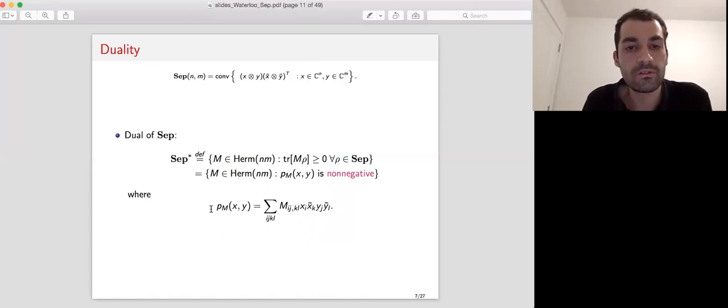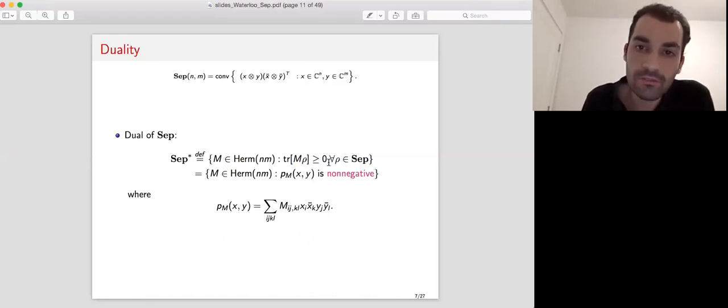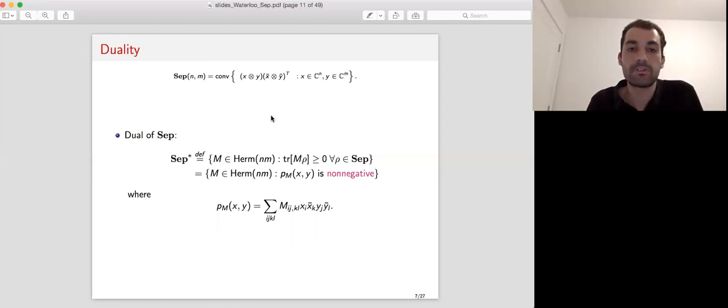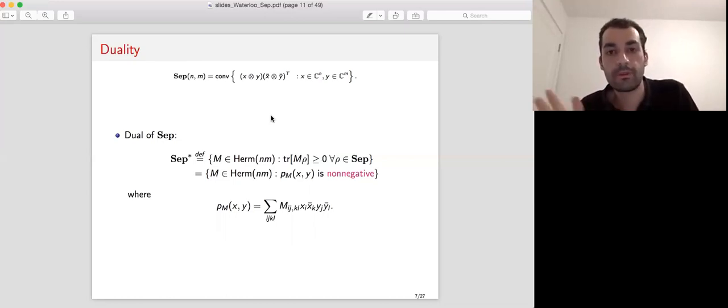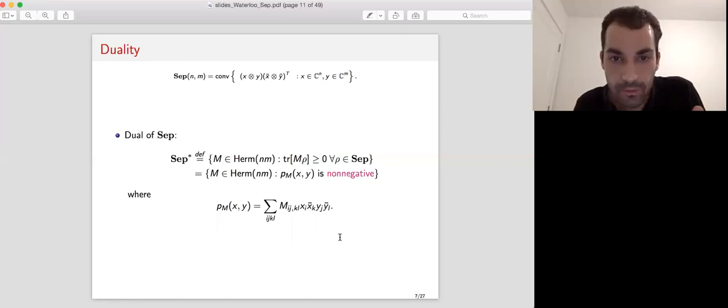It is the degree 4 polynomial in x and y that's defined with the coefficients m_ijkl. Here I just expanded the definition of trace of m rho when rho is an extreme point of SEP. So SEP star should be thought of as a family of polynomials that are globally non-negative. You look at the set of polynomials of this form, and the ones that are globally non-negative are exactly the dual of SEP.